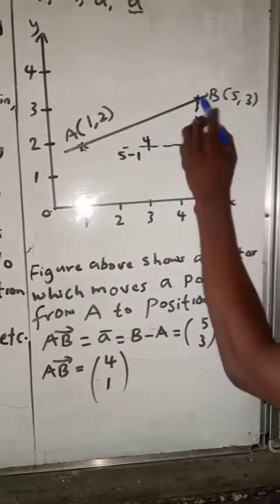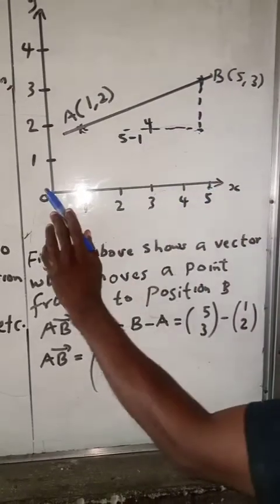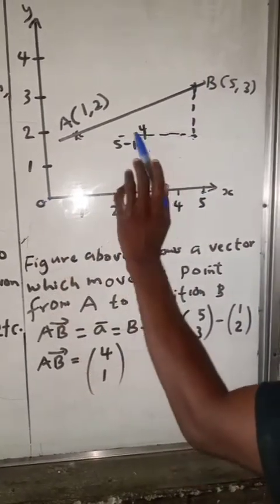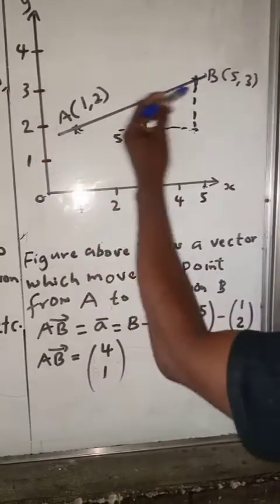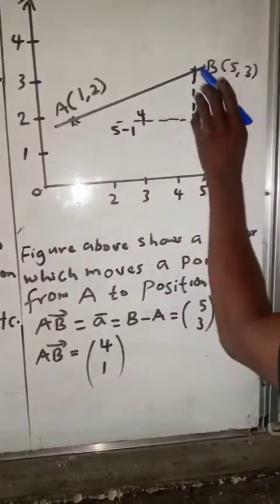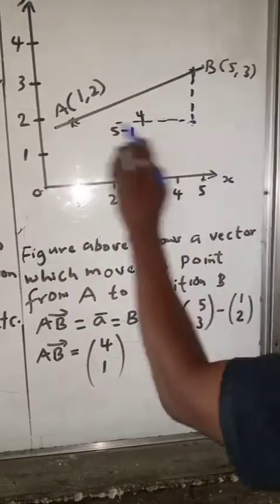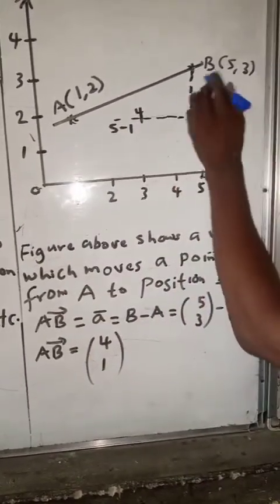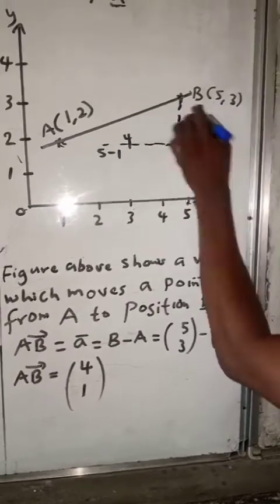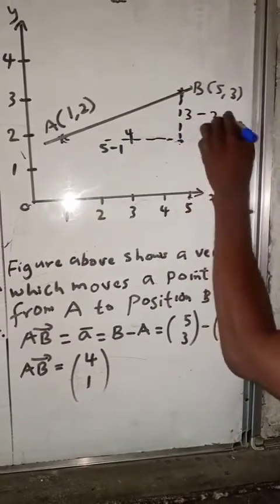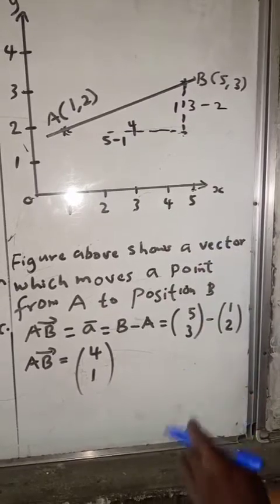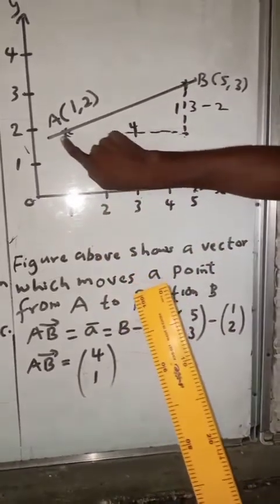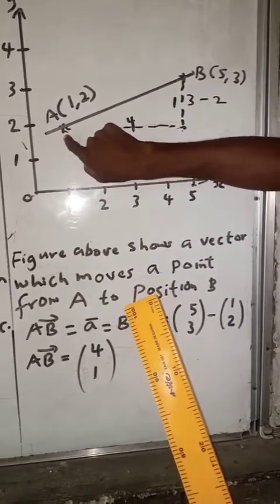So now from here to here is 5, and from here, you can see this is 3. So from here, this way is 3, and here is 2. So we have 3 for the y, 3 minus 2. That's giving us 1. So there's a displacement of vector from point A to point B.